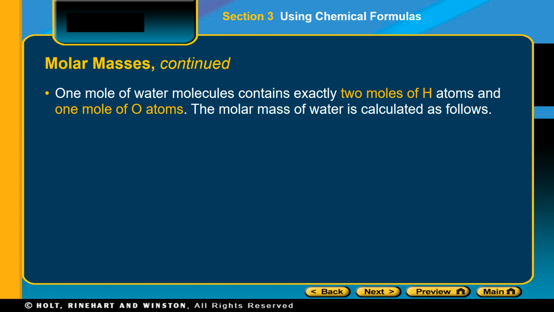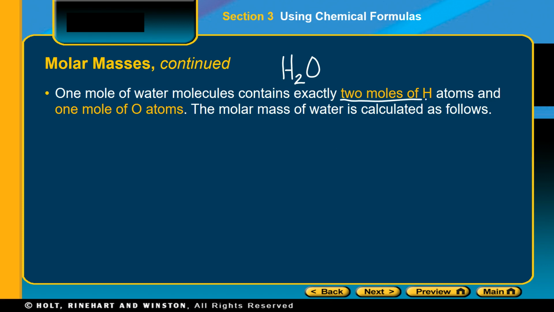All right. So we're going to be looking at water. So 1 mole of water molecules contains exactly 2 moles of hydrogen atoms and 1 mole of oxygen atoms. So what does that statement mean as far as putting this in a chemical formula? What is the chemical formula for water? All right.